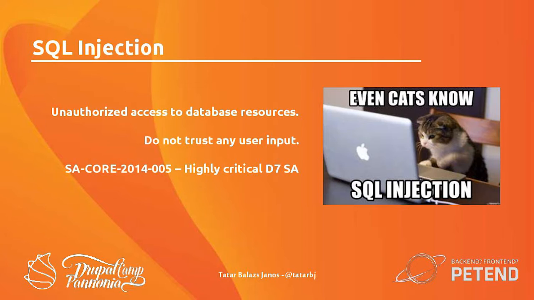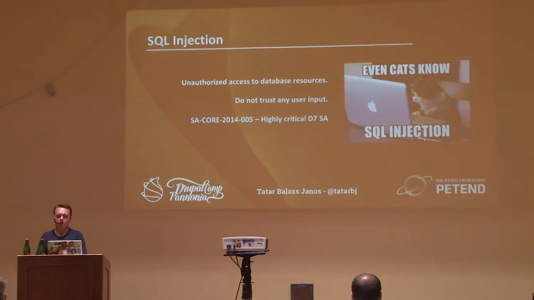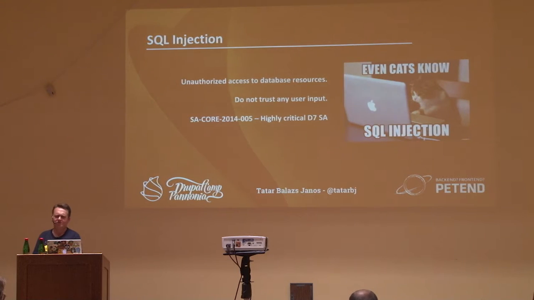Last vulnerability type. We all know what is SQL injection, right? Even cats know it. So it's basically an unauthorized access for database resources. I hope we all remember back in 2014, roughly 5 years ago, when we got the SA-CORE-2014-005.